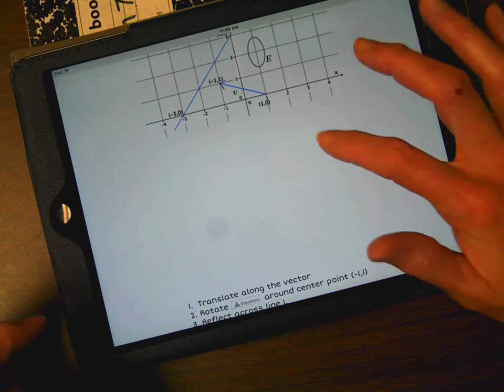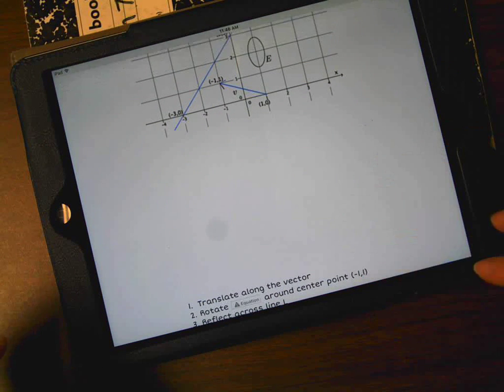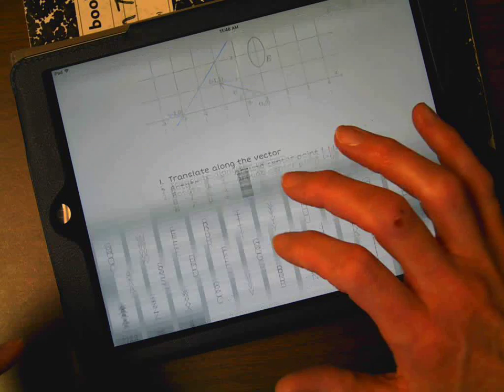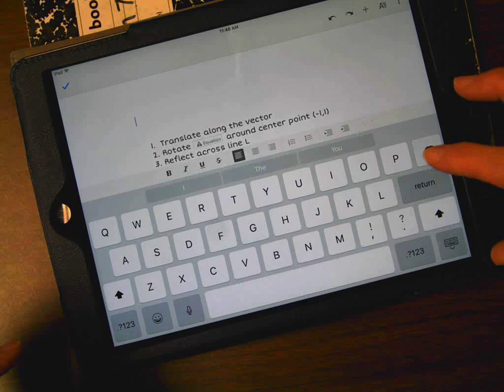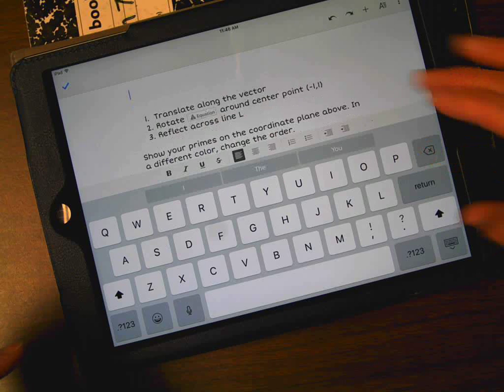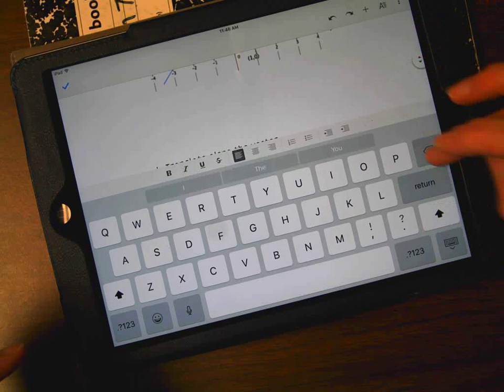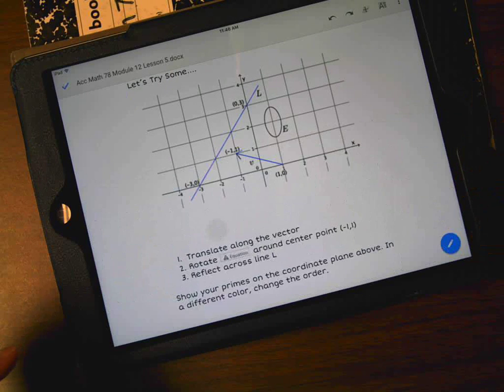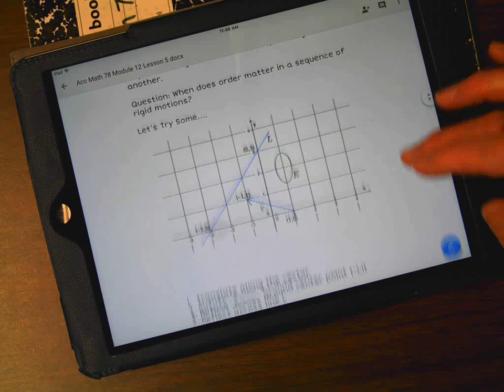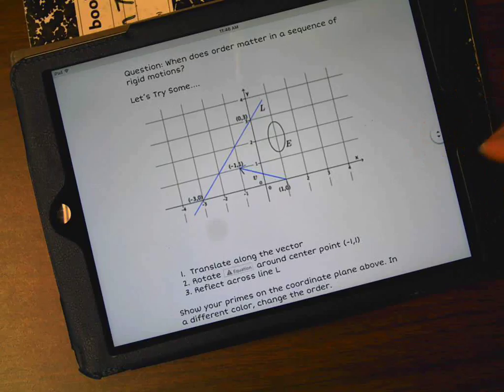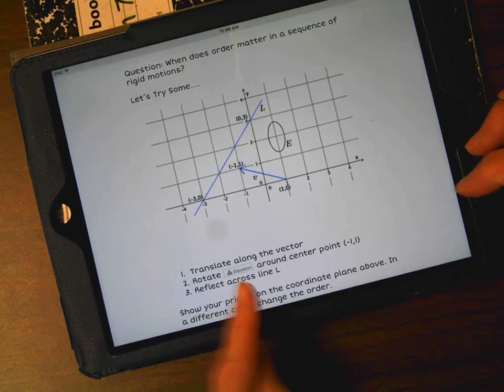And for some reason this keeps moving. There we go. Back it up a little bit so you don't have to move it as much. I don't know why it's so far down there. Makes it really hard to see. Okay, that helps. So here's our picture and here's our steps. Sorry. So translate it along the vector, rotate it 90 degrees.